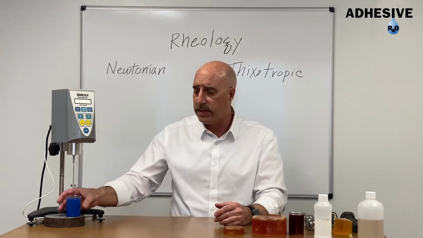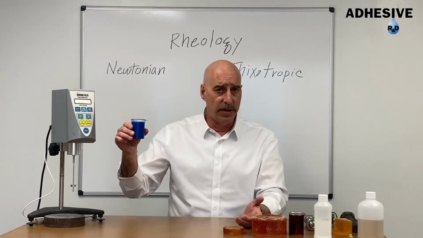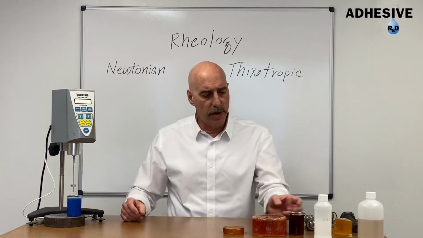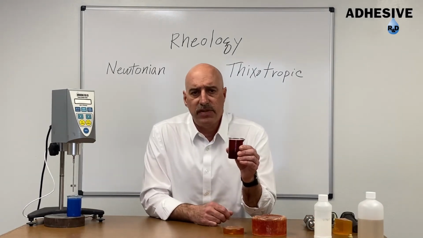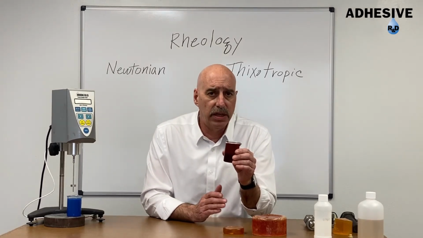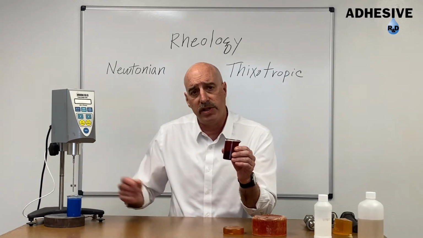As a matter of fact, this material will measure between 900 and 5,000 centipoise in viscosity, where this Newtonian material will give you a viscosity of, say, 450 to 550 centipoise, and it'll give you the same basic relative number no matter what I'm running this spindle at.